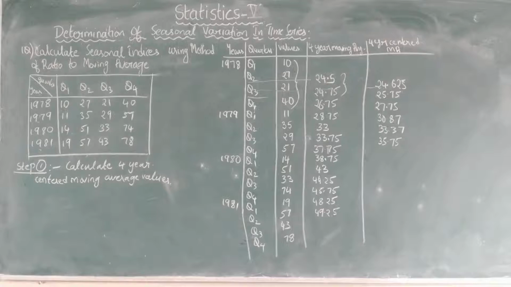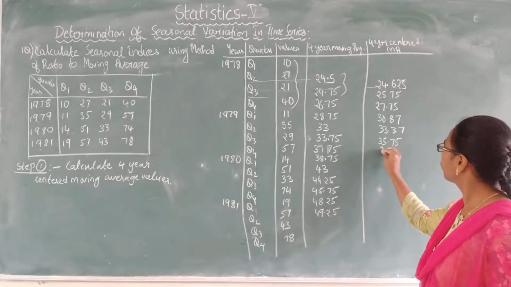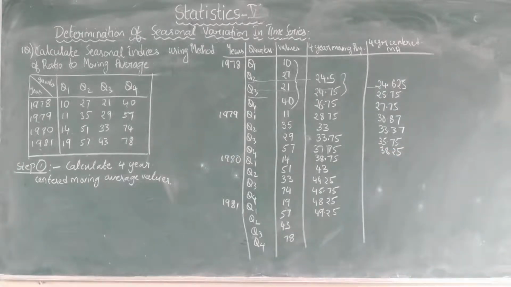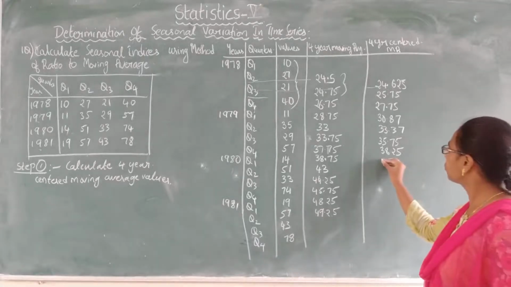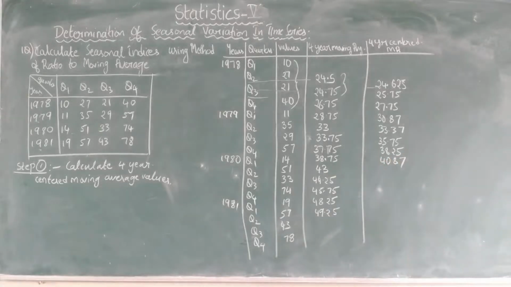Next, 37.75 plus 38.75, you will get 38.25. Next, 38.75 plus 43 divided by 2, you will get 40.87. Next, 43 plus 44.25 divided by 2, it is 43.625.